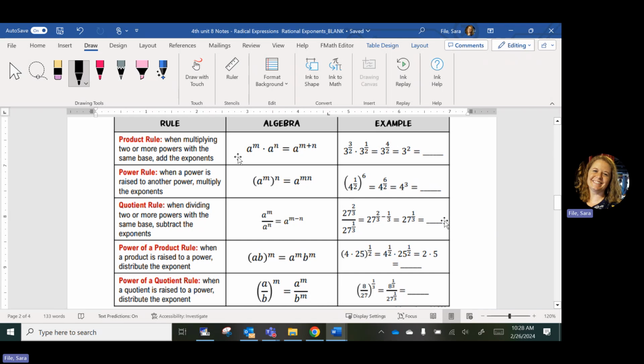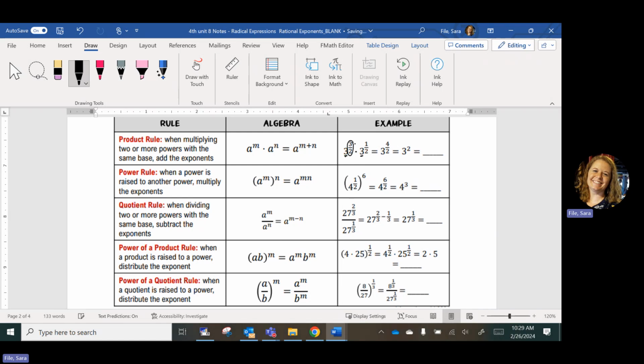So the product rule says that when we have like bases, we end up adding the powers. If the like bases are being multiplied, that's why it's called product, because we're multiplying these two terms, we end up adding the exponents. Y'all, does that look familiar, that rule? Okay, so we're going to apply it here. If we have 3 to the 3/2 power times 3 to the 1/2 power, the two bases are the same, 3 and 3, and they're being multiplied.